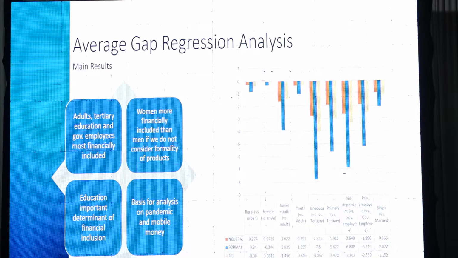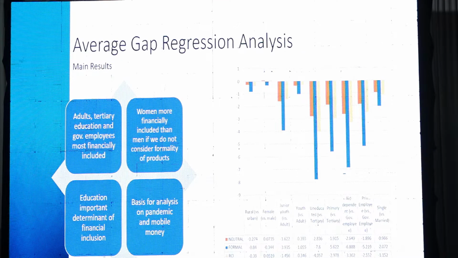So uneducated and individuals with primary education versus individuals with tertiary educations are much less financially included. The same if we compare individuals who depend on aid assistance or individuals who are employed in the private sector compared to government employees.